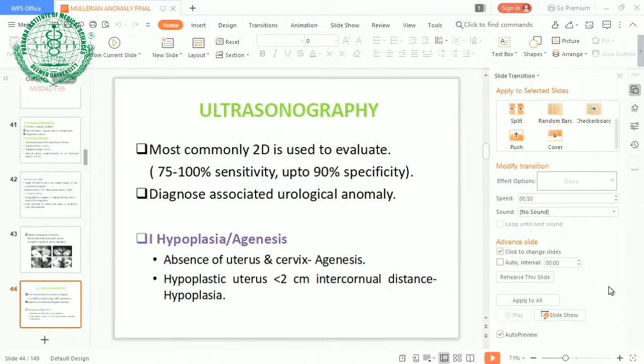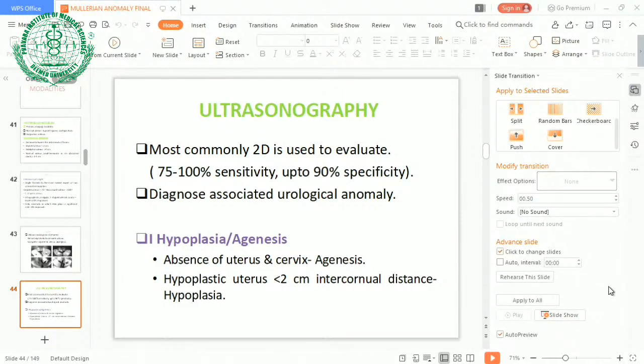Most commonly, ultrasonography, most commonly 2D, is used to evaluate, with 75 to 100% sensitivity and up to 90% specificity. It can diagnose associated urological anomalies also. In hypoplasia or agenesis, absence of uterus and or cervix signifies agenesis.